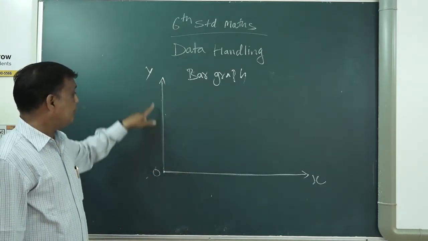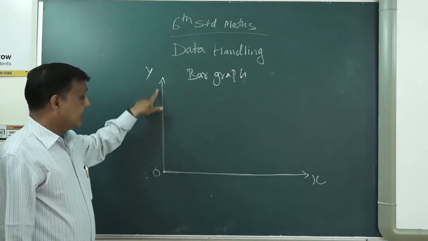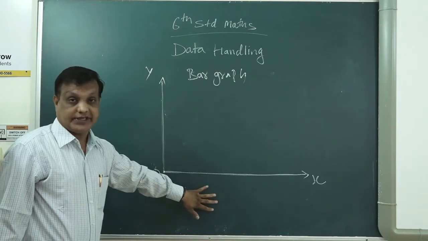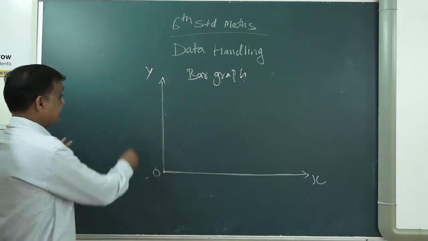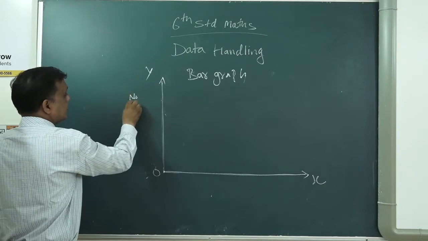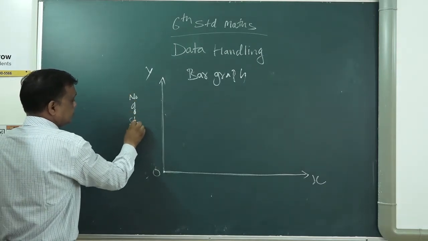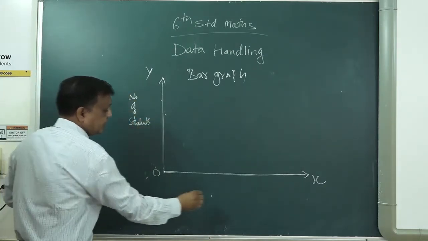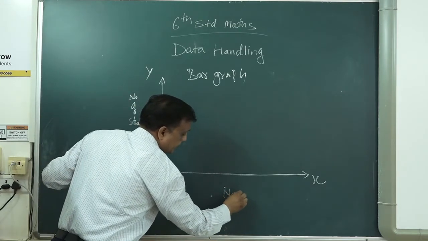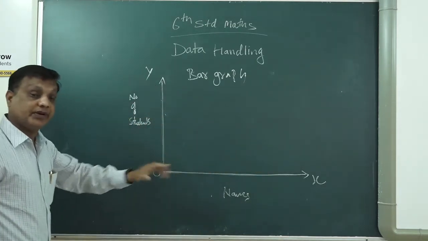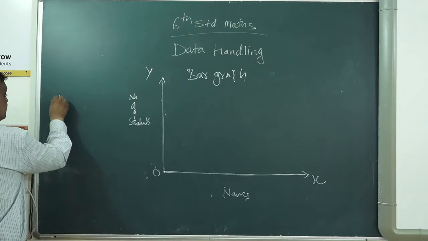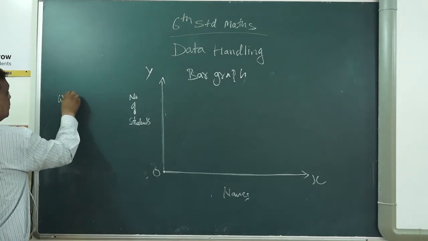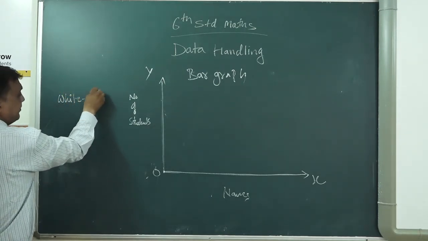So here what we have to see: numbers are here and names are here. The number of students is here, and here the names. Same question I am repeating. Here white, 15.